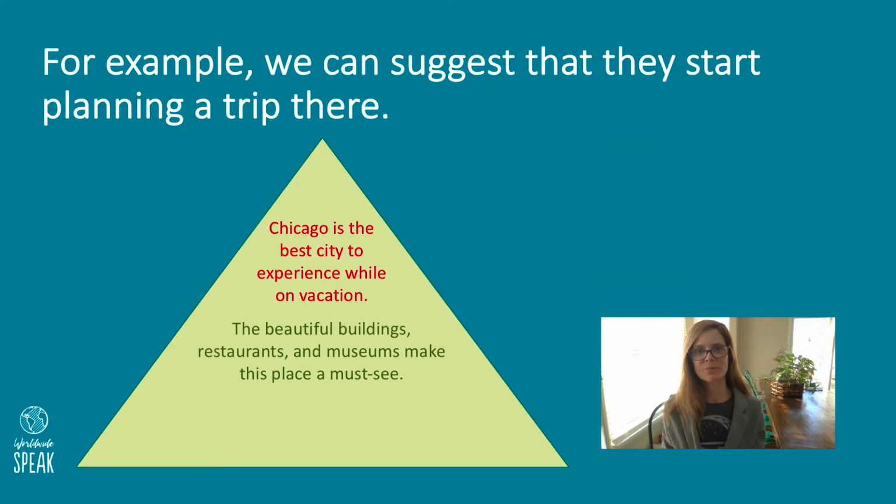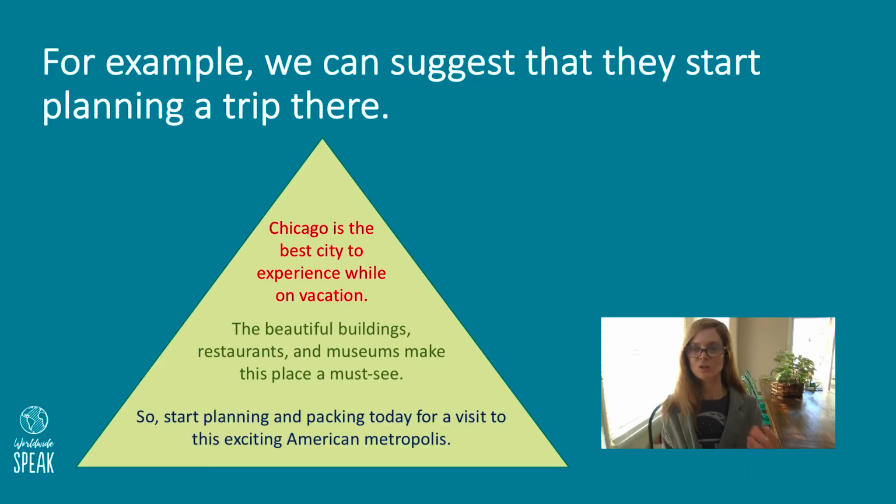For example, we can suggest that they start planning a trip to Chicago as soon as possible. We could write a sentence like this. So, start planning and packing today for a visit to this exciting American metropolis.